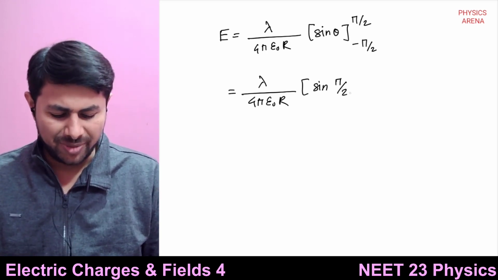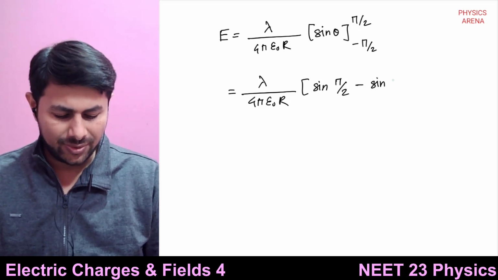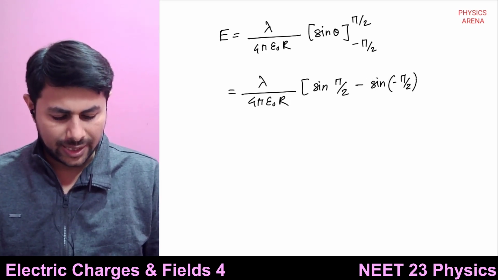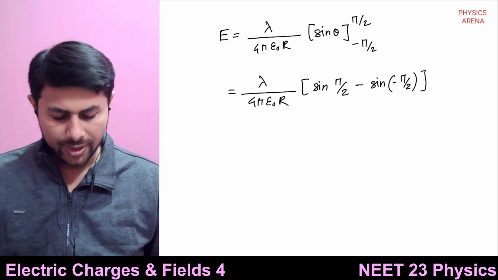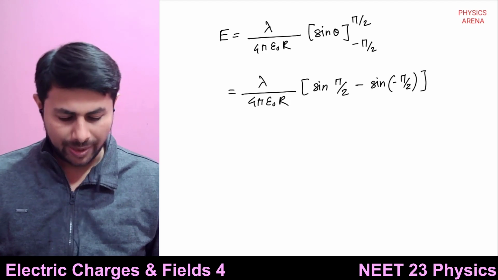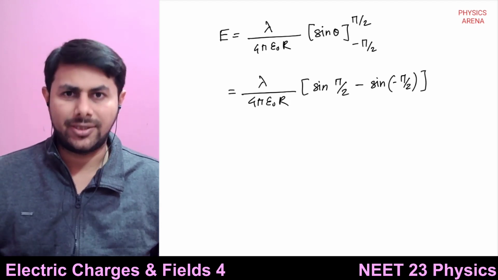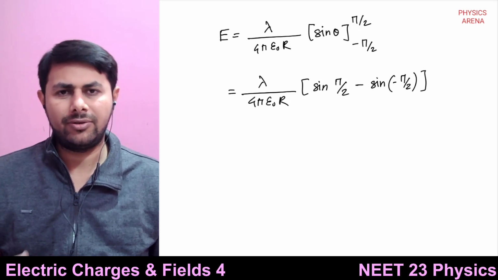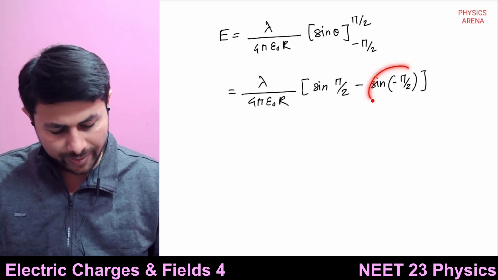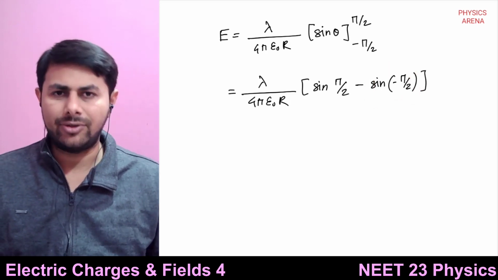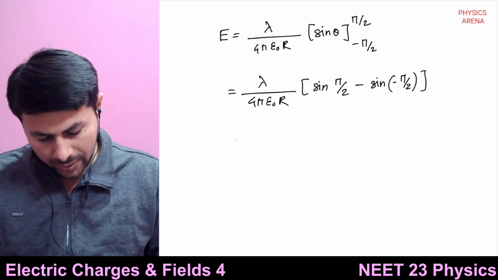So let's put in the limits: sine of the upper limit minus sine of the lower limit. So sine of pi by 2 minus sine of minus pi by 2. Sine of 90 degrees, or pi by 2, is 1. And we know sine of minus theta is equal to minus sine theta, so sine of minus pi by 2 is minus 1.